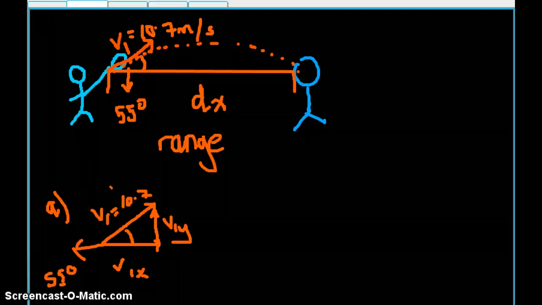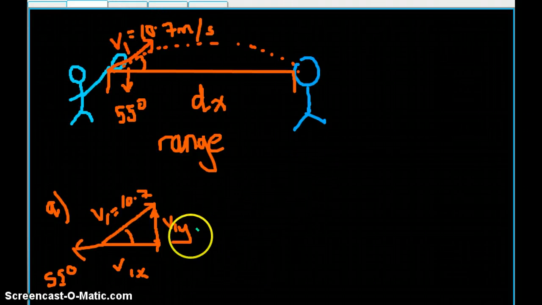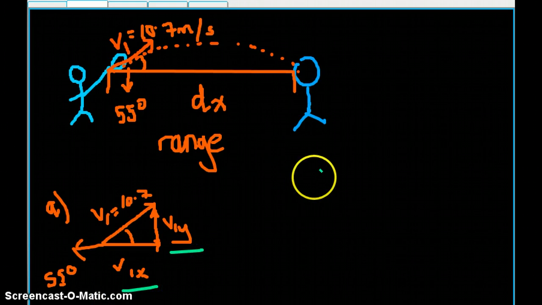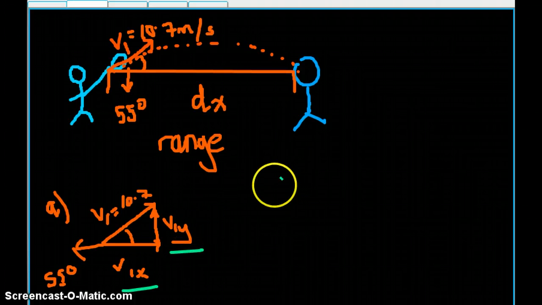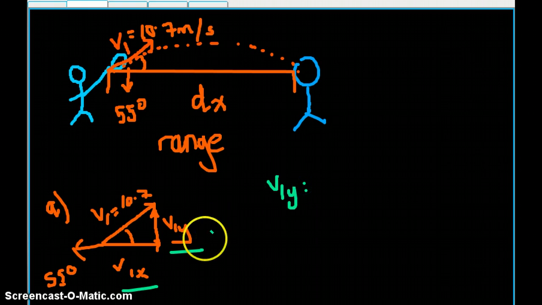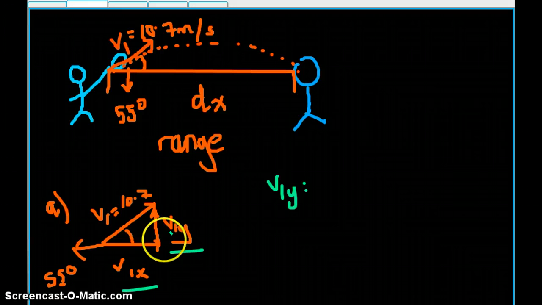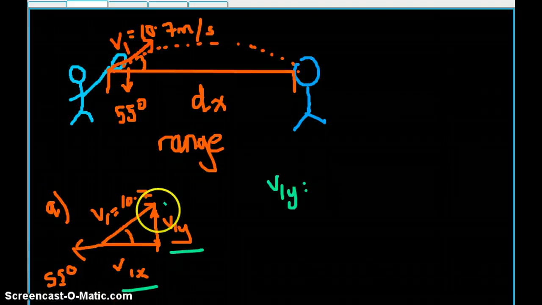So you've broken it down into your components. Just by looking at this, if you remember your vector addition rules, or how to break it down into components, I can actually solve for v1y and v1x, right? So let's take v1y. It's your opposite, so you have your hypotenuse, you have your adjacent, and you have your opposite.